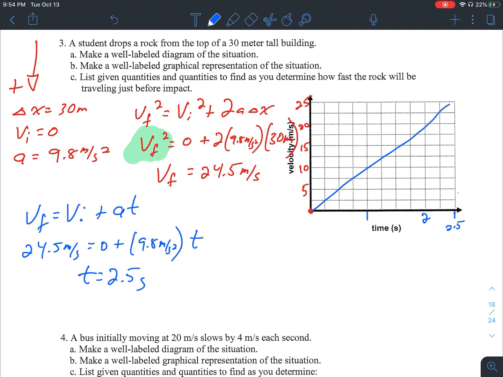And we can plot our graph. Something about there, because 24.5 would be about there.